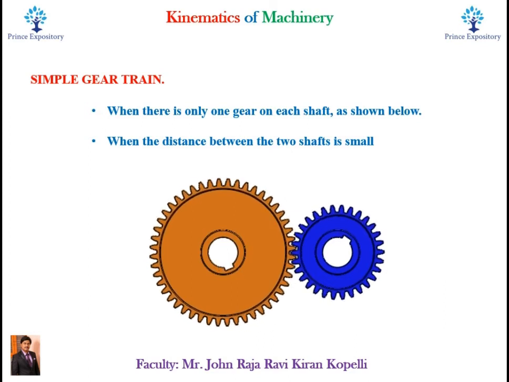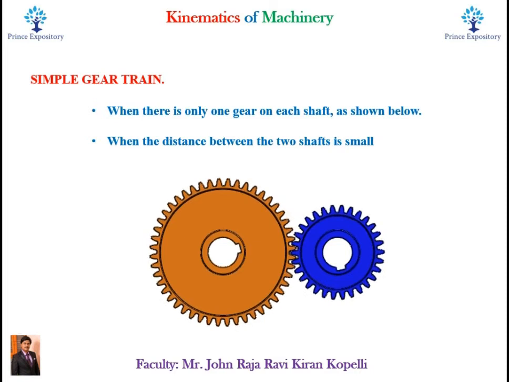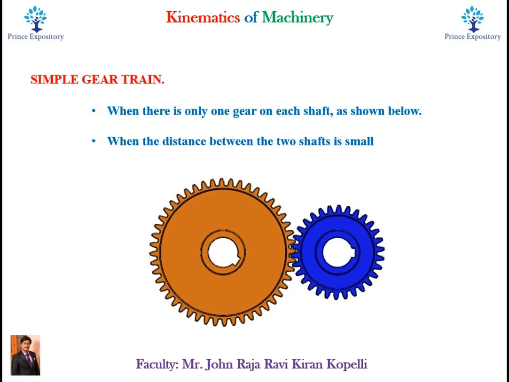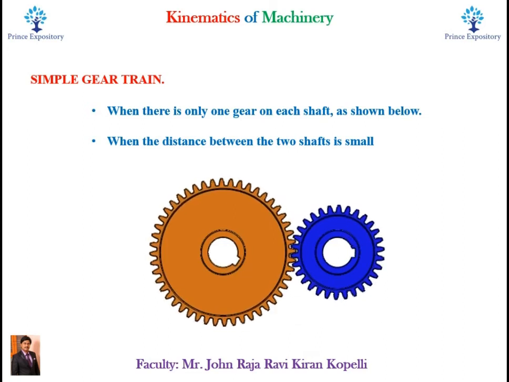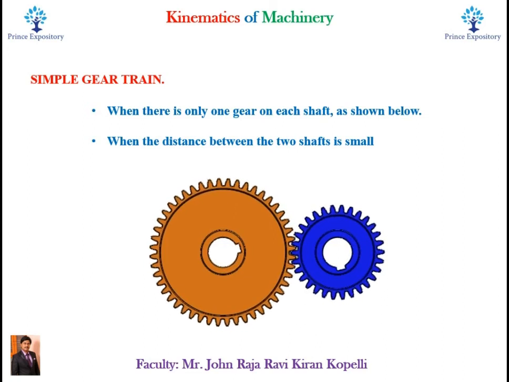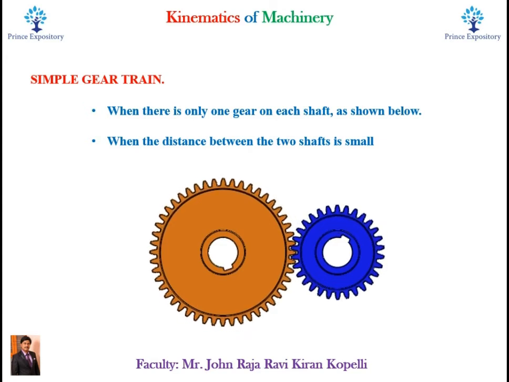For this animation, let us learn about velocity ratio or speed ratio. It is defined as the ratio of speed of the driver to the speed of the driven or follower and is equal to the ratio of number of teeth on follower to the number of teeth on the driver.